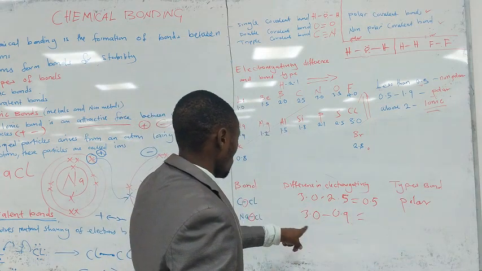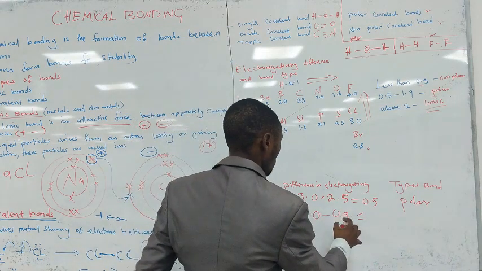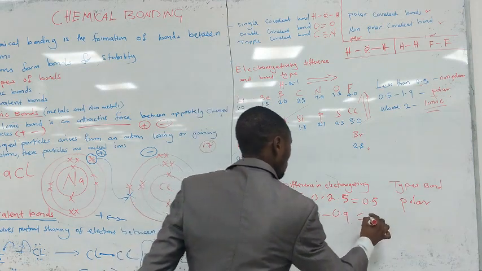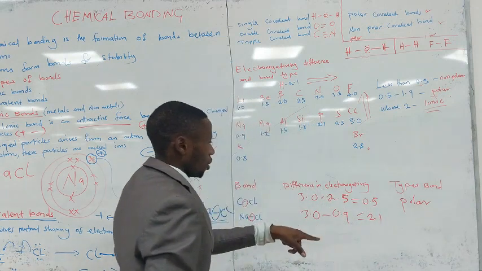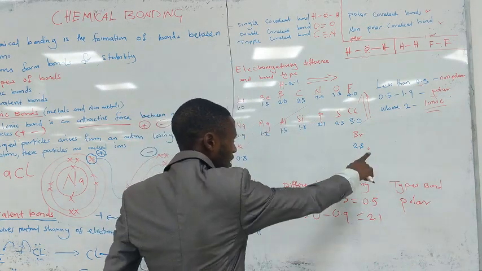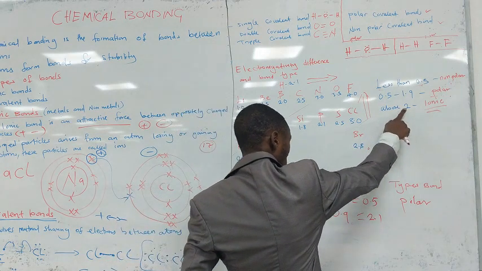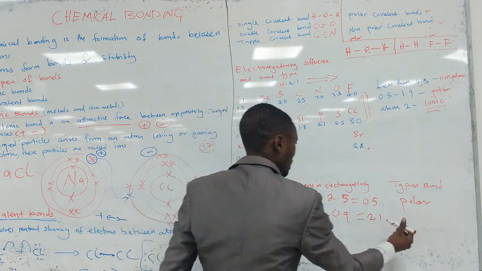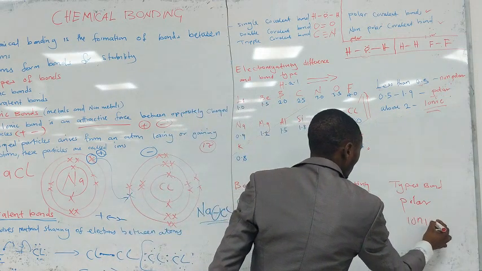Let's do the calculation. That's 2.1. So where is the 2.1 falling? I believe you can see it is above 2, and this is 2.1. So this type of bond is an ionic bond.